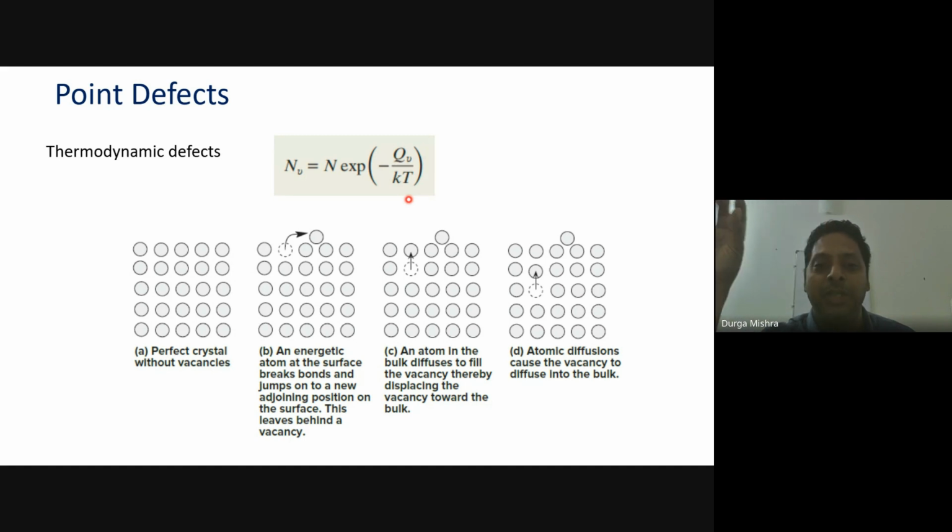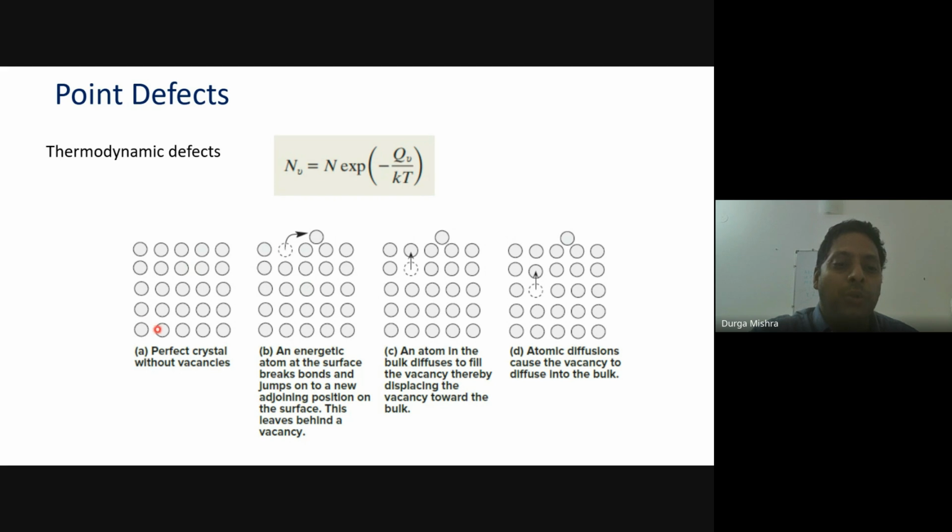But if I am at room temperature, this concentration will be of the order of maybe one vacancy in 10 to the power 15 or 16 atoms. So the number of vacancies will be less.